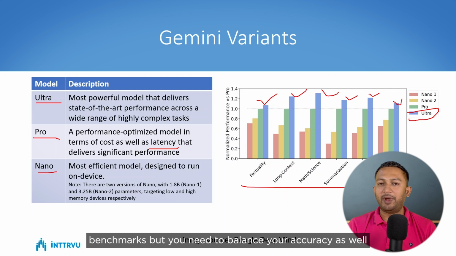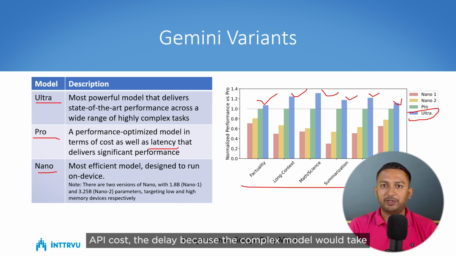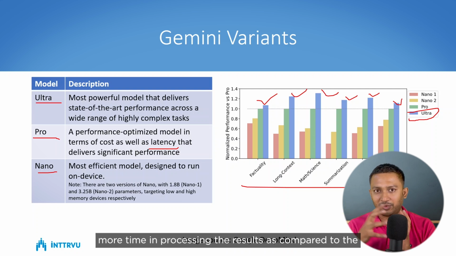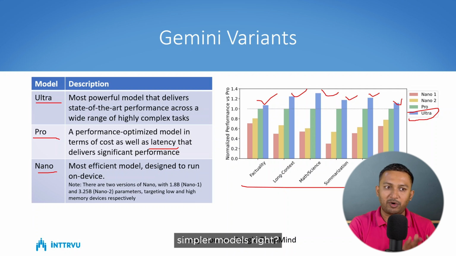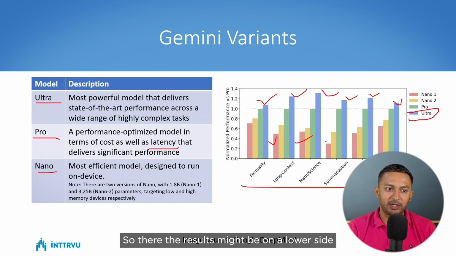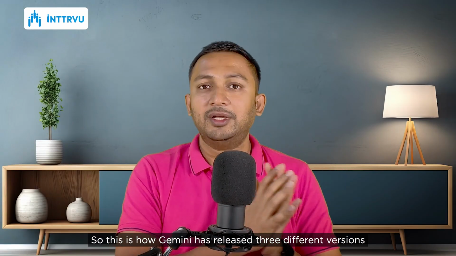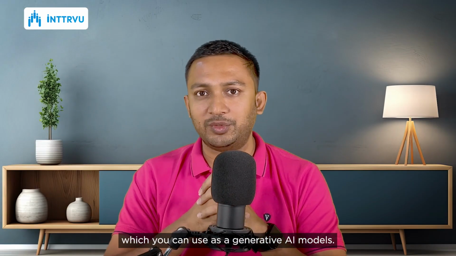But you need to balance your accuracy as well as the money you can spend with respect to the API cost and the delay, because the complex model would take more time in processing the results as compared to the simpler models. So if you want something to be done on device, then you can go for Nano models. There the results might be on a lower side, but you get something which is able to solve your problem. So this is how Gemini has released 3 different versions which you can use as generative AI models.